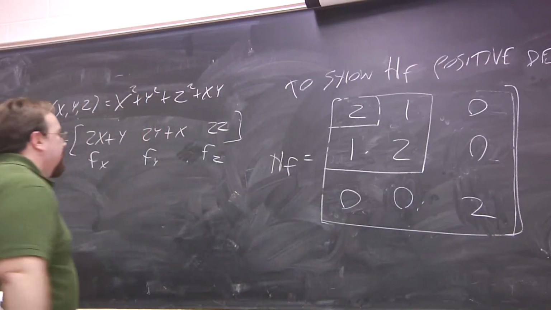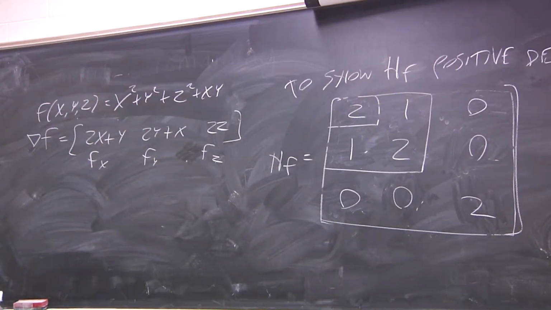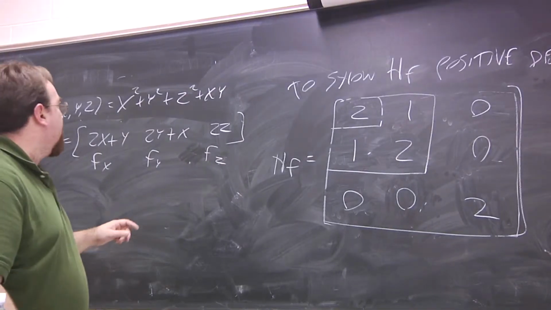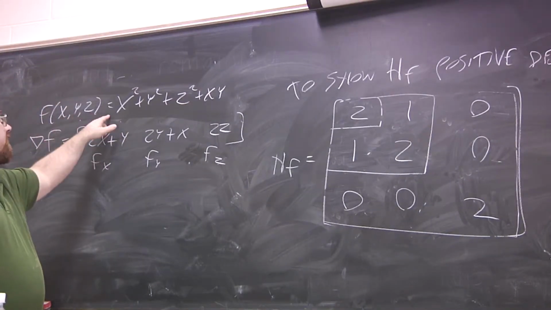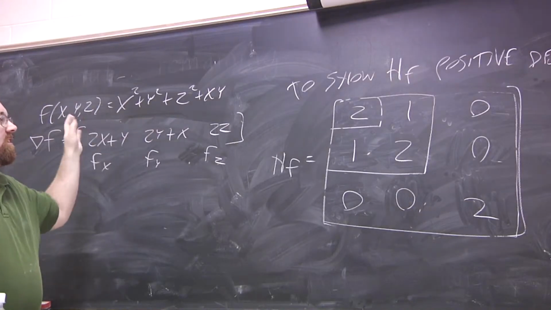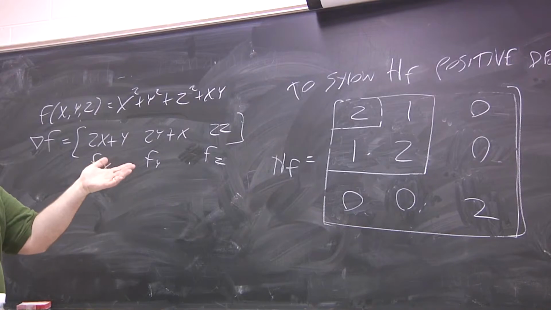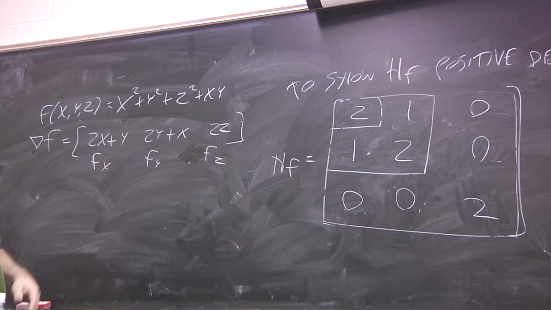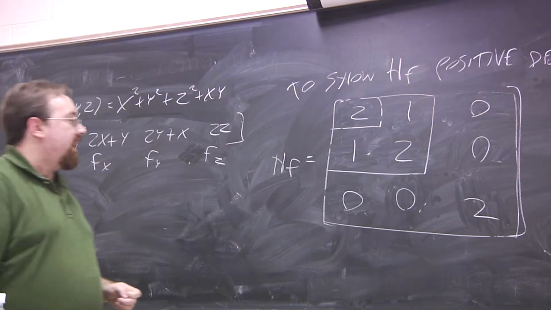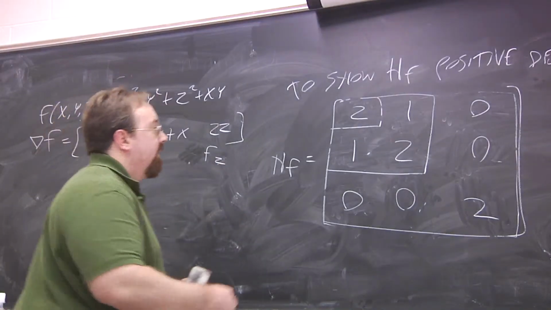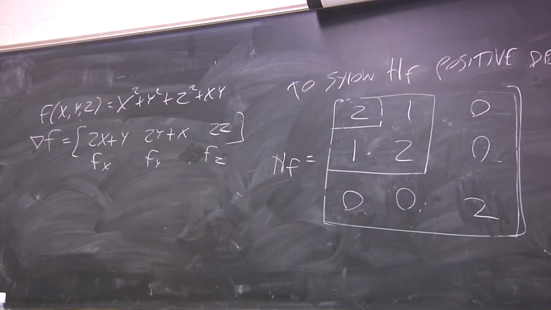Now it turns out that's what it is for any x, y, and z, only because f is a quadratic function in x, y, and z. But in general, these will be functions of x, y, z that you've got to evaluate at a particular point. Okay, so you look at the principal minors. So the first one is going to be 2.